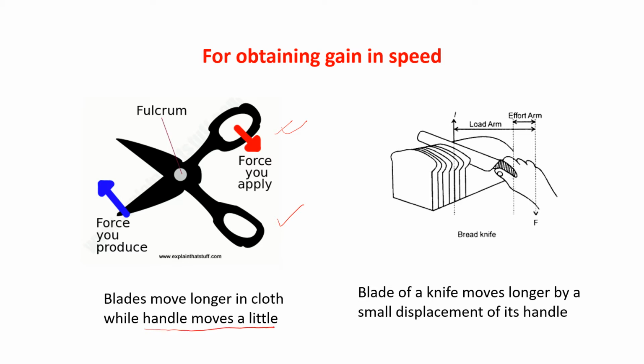That means we are applying force and more work has been done. So it is gain in speed. Similarly, the blade of a knife moves longer by a small displacement of its handle. So these are acting as gain in speed.